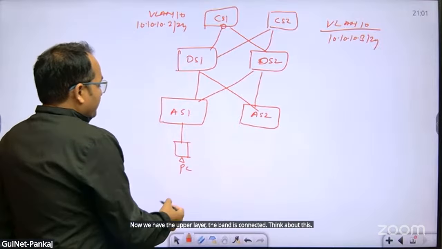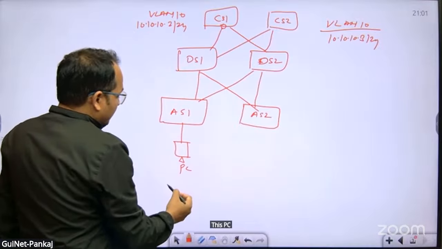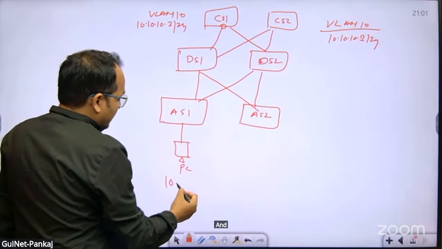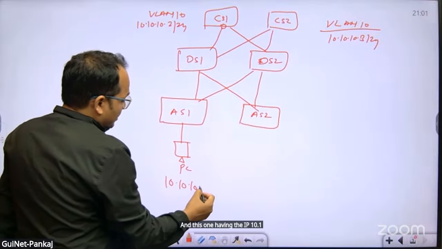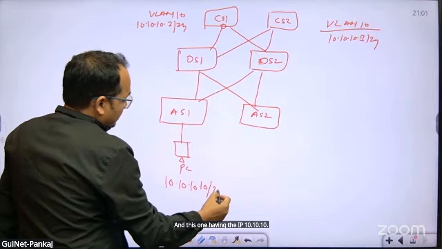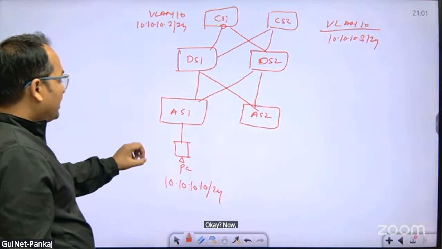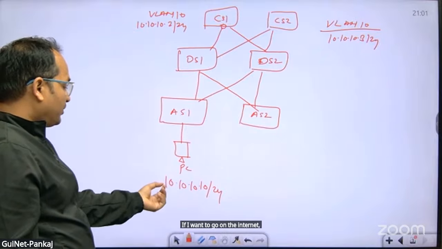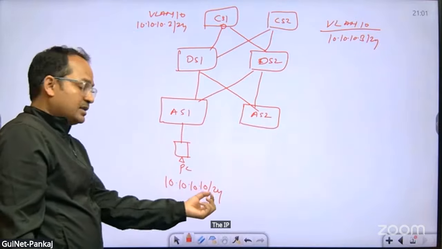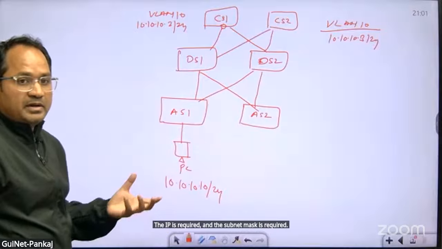Think about this. This PC, let's suppose it's part of VLAN 10 only, and this one has the IP 10.10.10.10/24. Okay. Now, if I want to go on the internet, the IP is required and the subnet mask is required. What is the one more mandatory thing? Gateway.